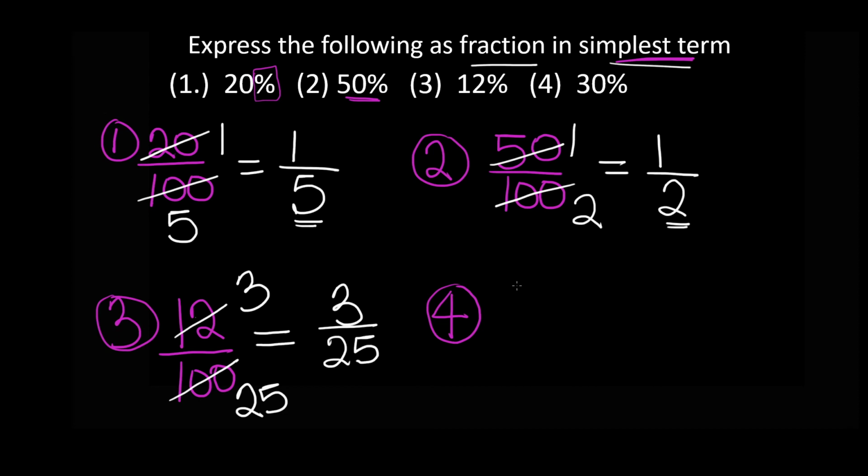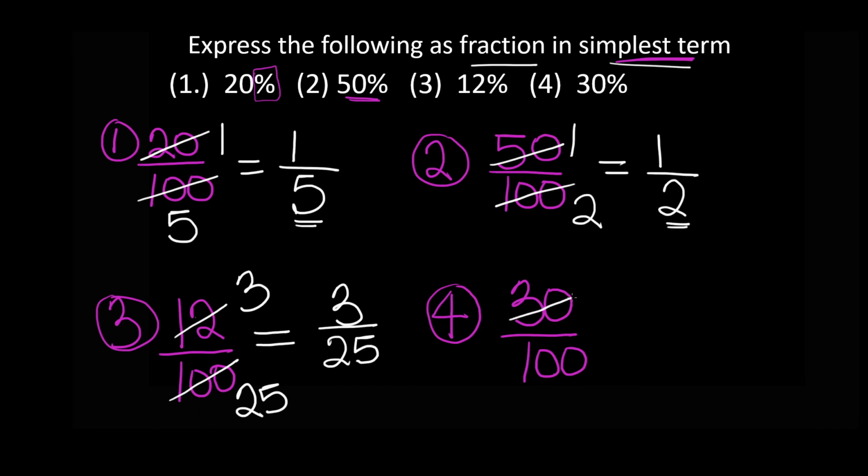30%. 30% can be written as 30 over 100. Okay, if you take a look at this fraction right here, 30 over 100, what do you think is a common factor right here? You will agree with me that 10 is a common factor because 10 can divide 30. 10 can also divide 100.